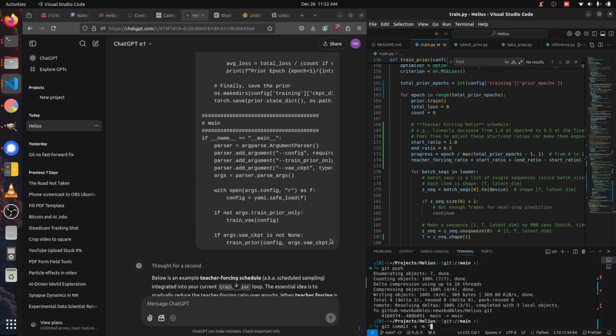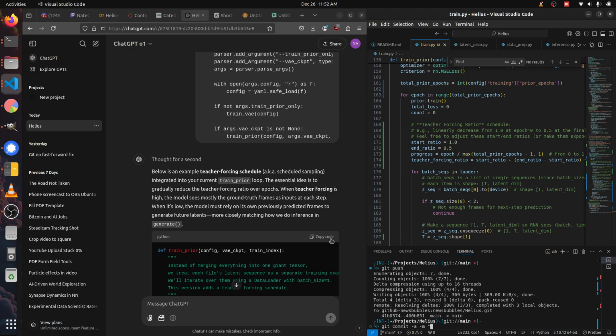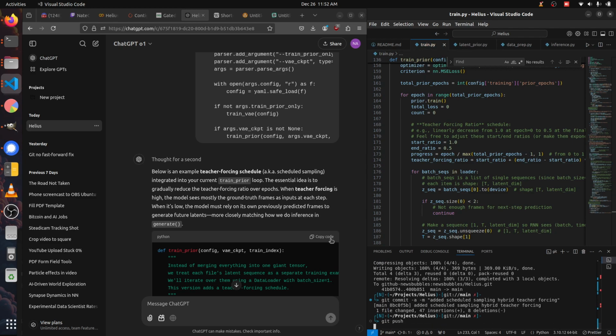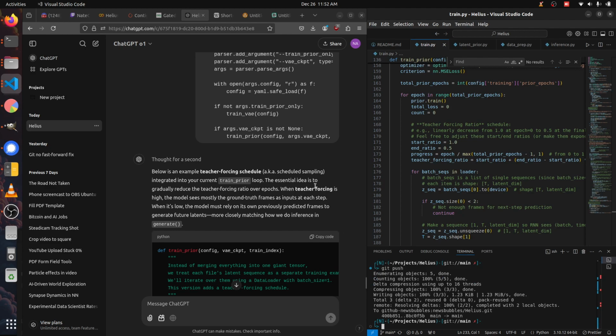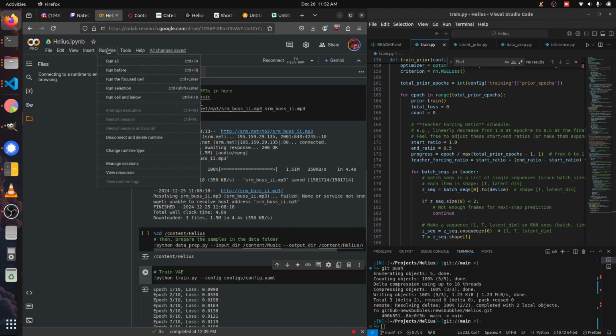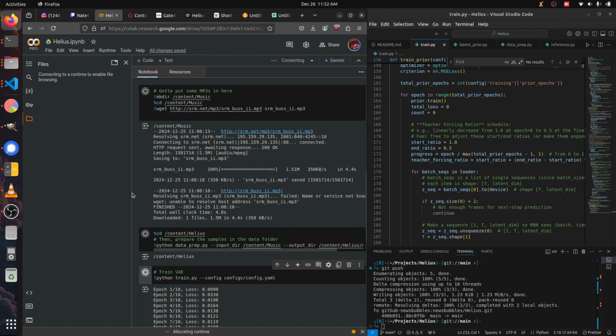Partial teacher forcing, or added scheduled sampling. Hybrid teacher forcing. Yeah, 47 insertions, okay. Well, paint me wrong. Okay, doke. Let's do it. Let's do this.